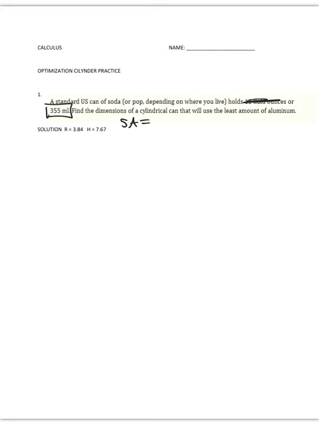So if you recall, the surface area is the circumference times the height, that is basically the label, plus 2 pi r squared, which is the top and bottom of the can.